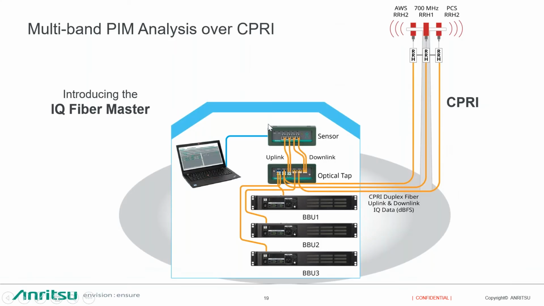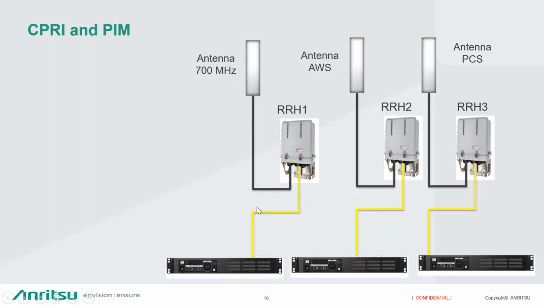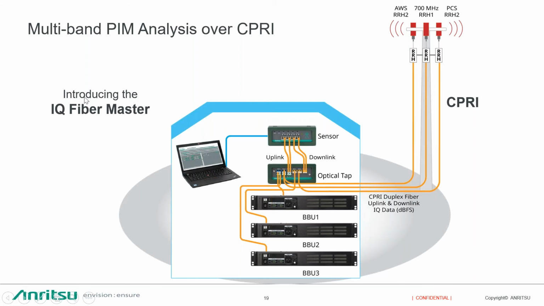If there was a way to hook up to the CPRI link, and for those of you who don't understand what the CPRI link is, it's just a communication link between the radio head and the base station. If we can tap into the CPRI link, we have all of the data we need to simultaneously do a multi-band PIM analysis. And in doing that, we can answer all of the questions that I've been talking about.